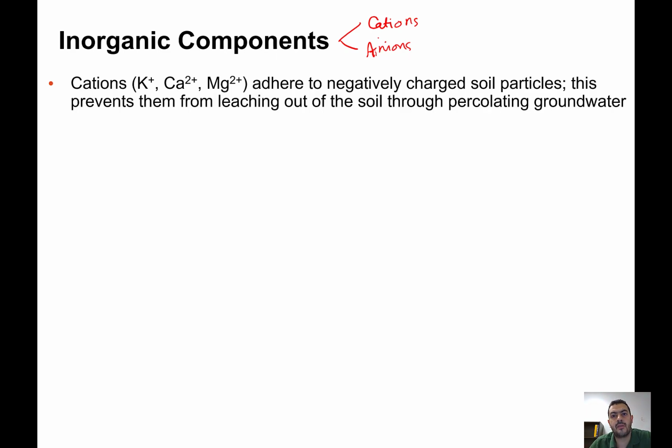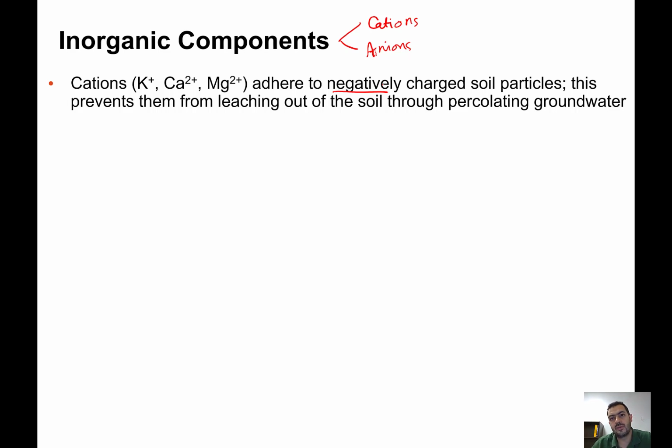The cations, the positively charged ions, for example potassium, calcium, and magnesium, because of the charge, will adhere to the surface of the soil particles. The surface of the soil particles is negatively charged. Because of the attraction between opposite charges, the cations will adhere to the surface of the soil particles.